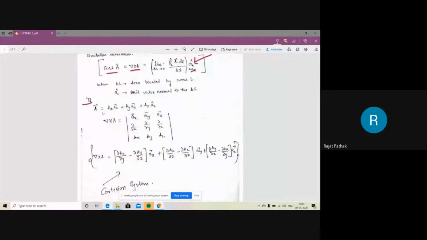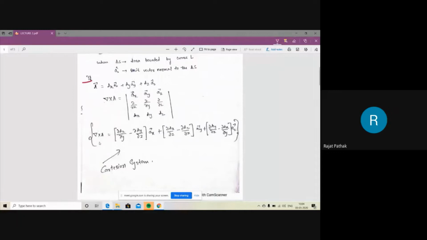So if A is equal to Ax vector plus Ay vector plus Az vector, this vector A is in the Cartesian coordinate system. What do we mean by del cross A? Del cross A is the determinant with rows ax, ay, az; dou by dou x, dou by dou y, dou by dou z; and Ax, Ay, Az. This del cross A is the curl of vector A, where A is given in the Cartesian coordinate system.